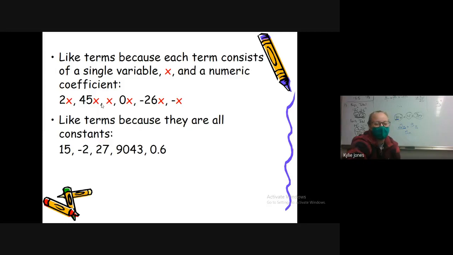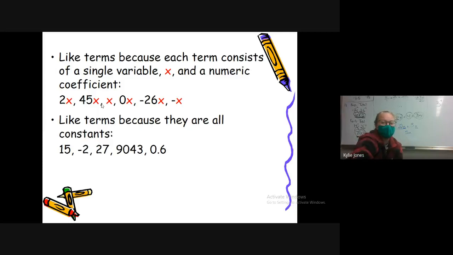Oh, these ones are all the same because they're constants. So if there are numbers in your expression that don't have variables attached, you can add or subtract them like you would normal numbers. They can be combined just like normal numbers. So this could be 15 minus 2 plus 27 plus 9,043 plus 6/10. But we're not going to add them all up. Okay?